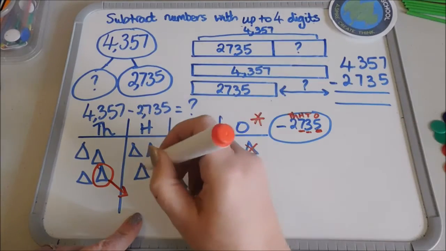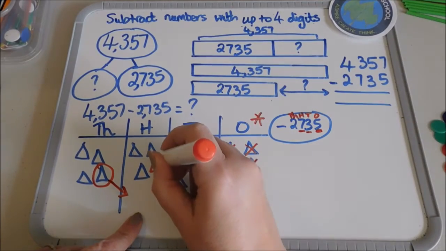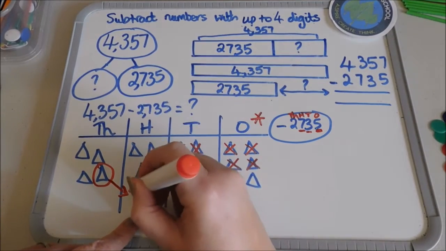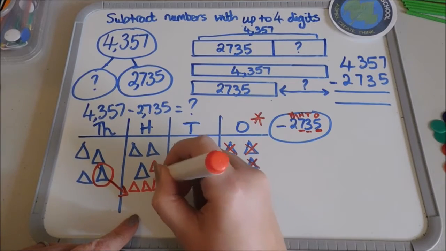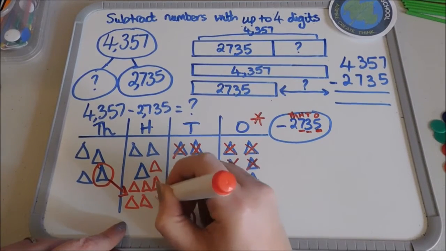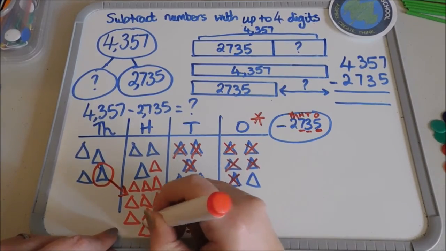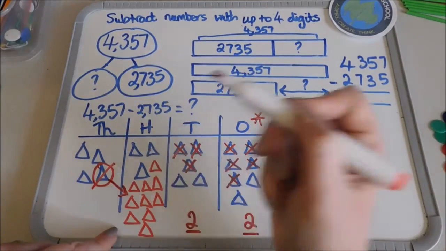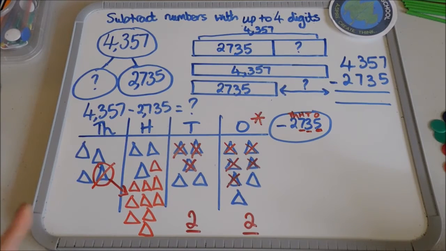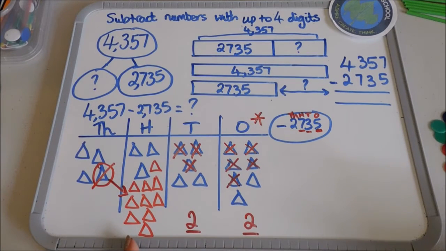So I'm going to draw in 10 triangles here because I've exchanged them. 1, 2, 3, 4, 5, 6, 7, 8, 9, 10. Okay, so that triangle has gone from the thousands and it's been brought into the hundreds and is now showing as 10 lots of 100.